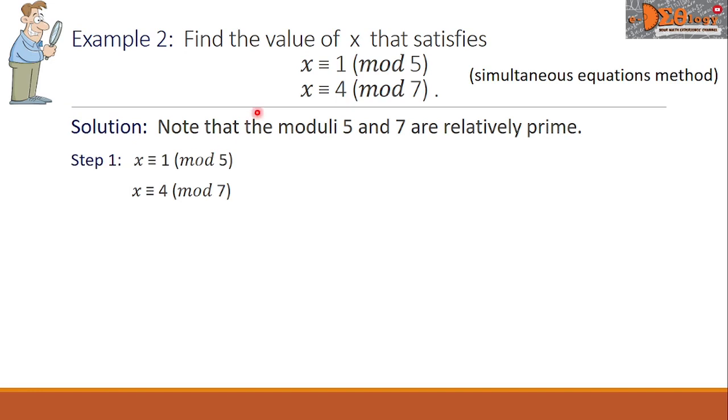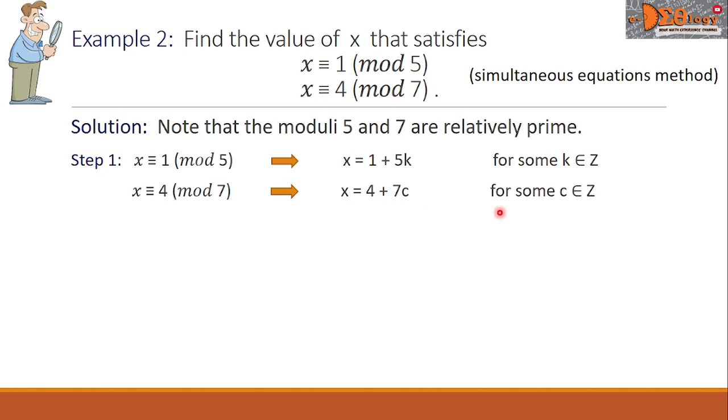Then for step 1, we will copy again the congruences down here. In the first congruence, we say that x is equal to 1 plus 5k, for some k, an element of z. For the second congruence, we have x equals 4 plus 7c, for some c, an element of z.